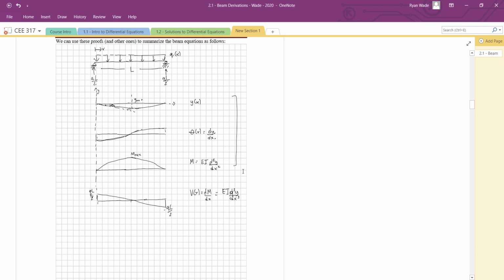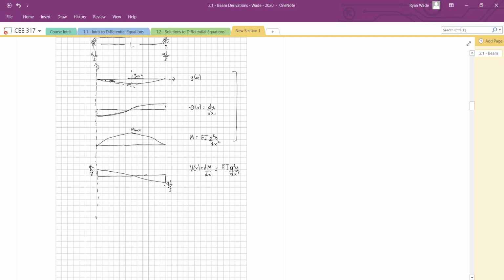And finally, because of what I showed you above, if I have Q at X over my L, I had said that negative Q at X is equal to the first derivative of my shear with respect to X. Then I can rewrite it again as negative Q is equal to the stiffness times the fourth derivative of Y with respect to X. And that's going to be an important equation that we're going to see quite a bit.